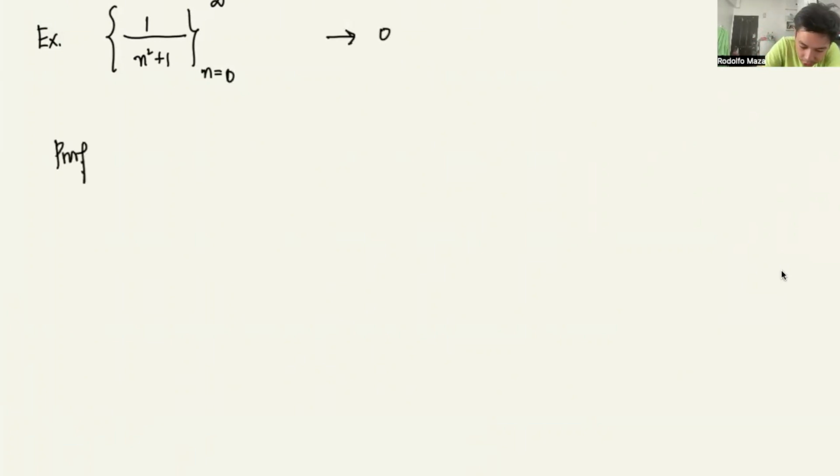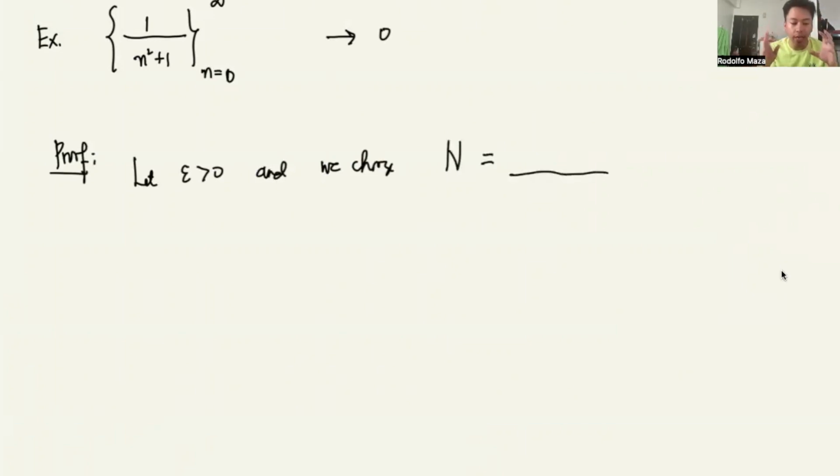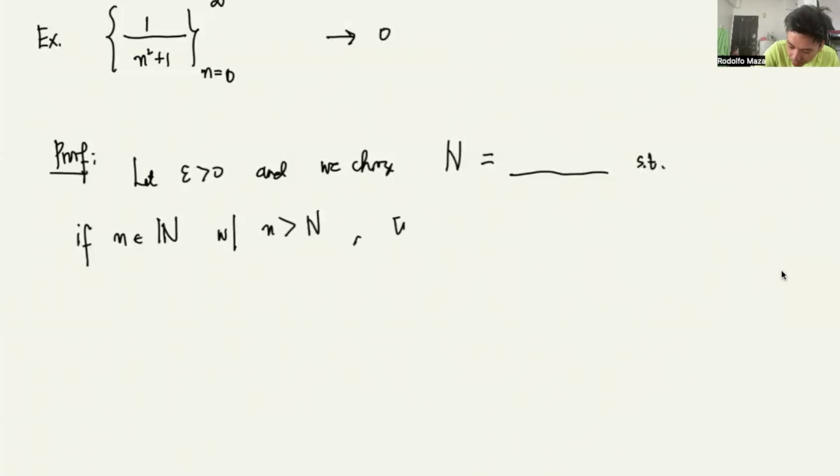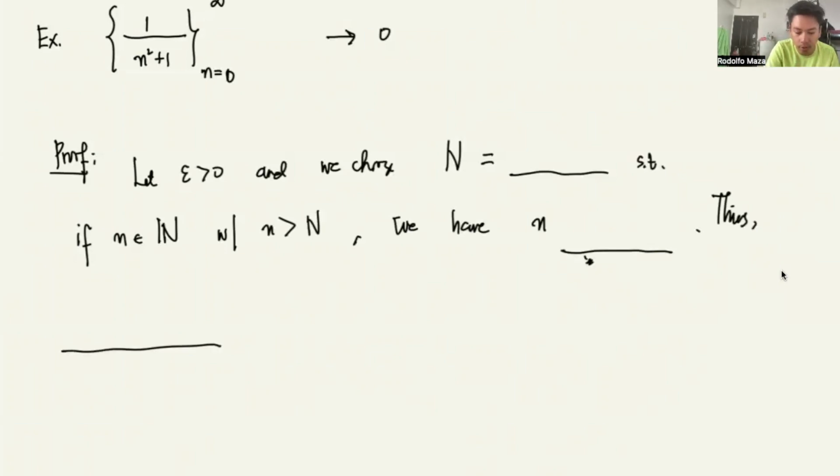Using the definition, let epsilon be greater than 0, and you declare your N. We choose our N, which is equal to something we do not know yet, such that if n is a natural number with n greater than capital N, we have n with a relationship to epsilon. Thus, you have a result here, like a conclusion.